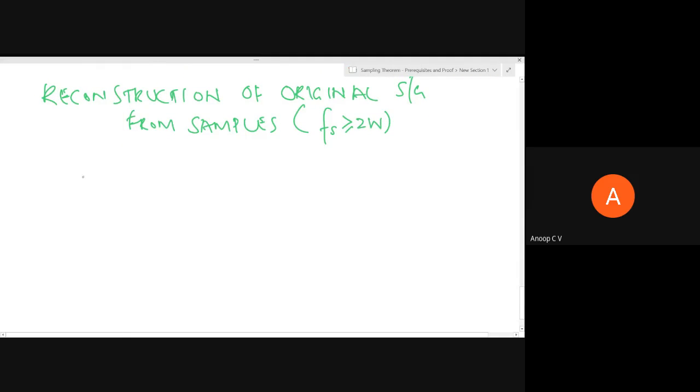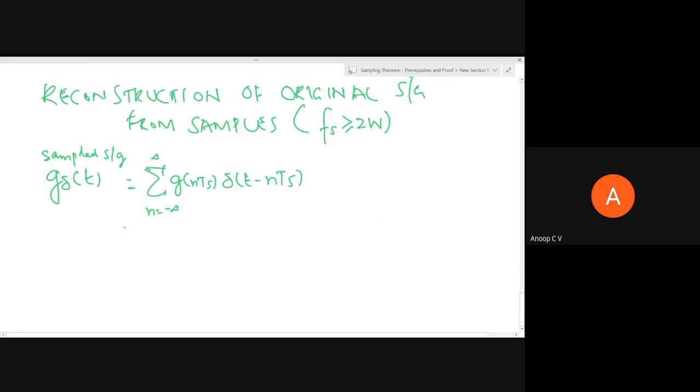So what we have is g delta of t, that is our sampled signal. It is the summation over n from minus infinity to infinity of g(n Ts) delta(t minus n Ts).